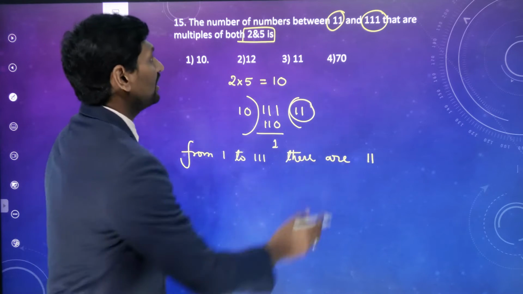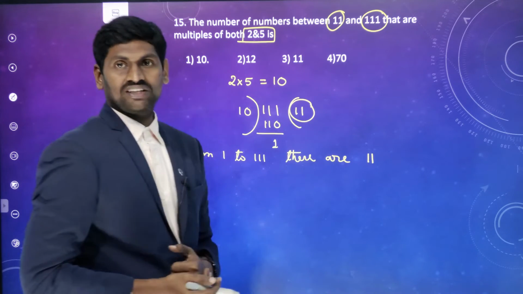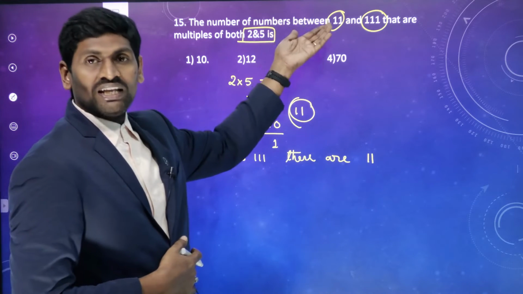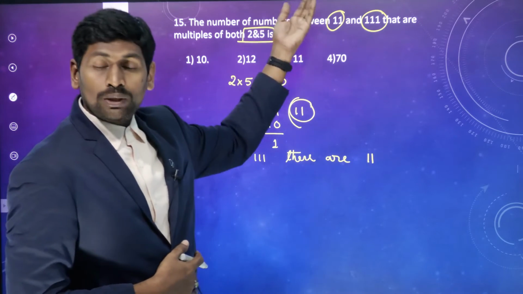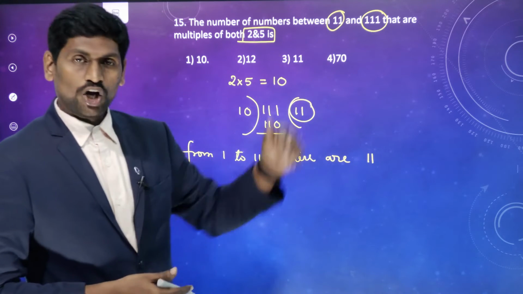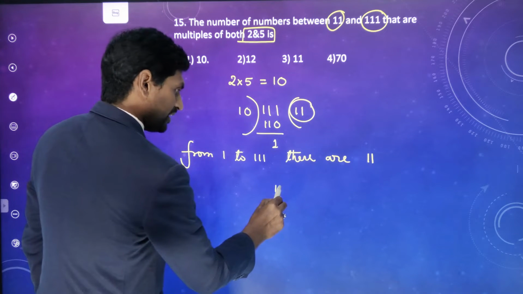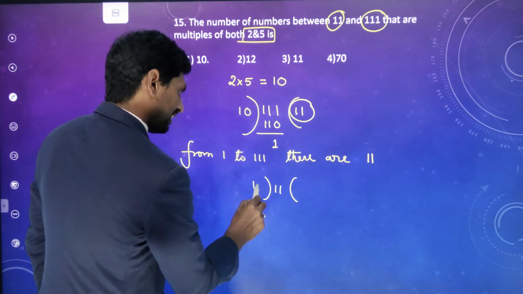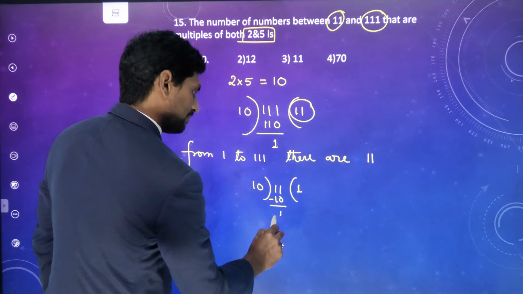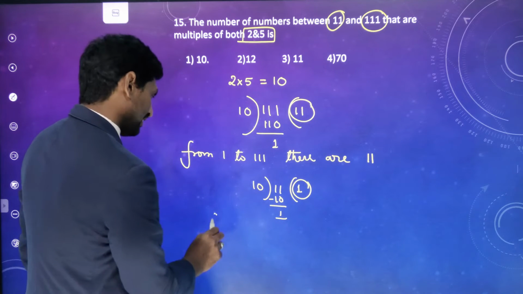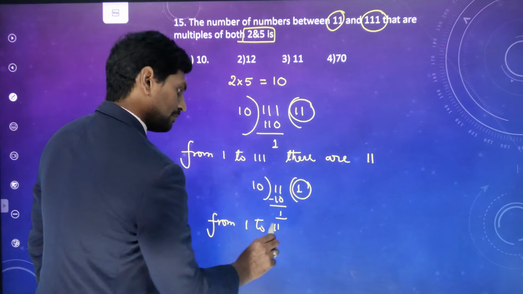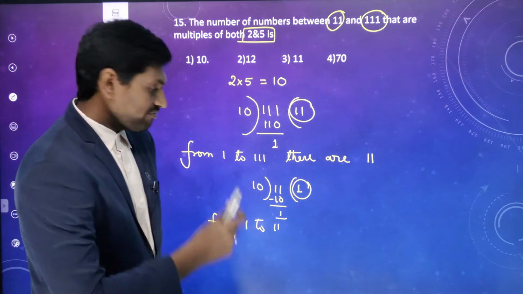Okay, but we don't want from 1 to 111. We want from 11 to 111. So now I am going to check how many numbers are divisible by both 2 and 5 up to 11. That means 1 to 11, how many are there? So simply I am dividing 11 by 10. 10 ones are 10. That means from 1 to 11, only one number is divisible by both 2 and 5.